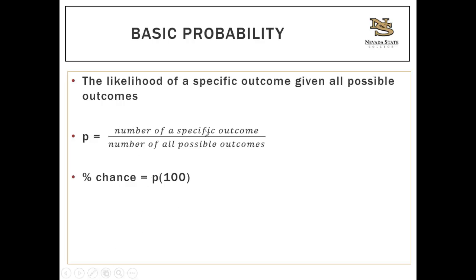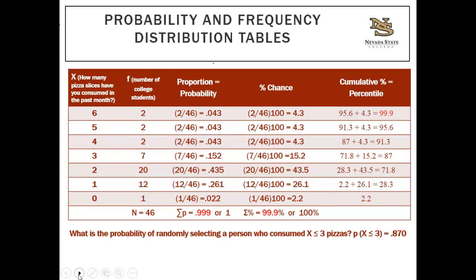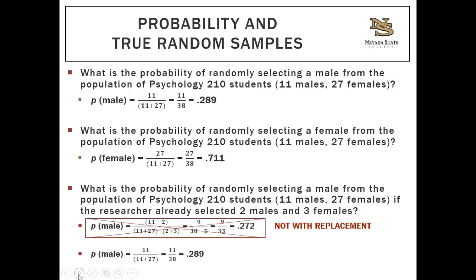And then if we're looking at the number of a specific outcome, so the numerator, if we are selecting a male, there's 11 males. So the specific outcome is selecting a male, and then the total number of students in the class would be males plus females, 38. So there's 11 males out of 38 students, 11 divided by 38. The probability of randomly selecting a male would be 0.289.